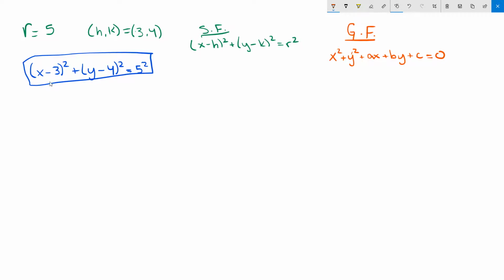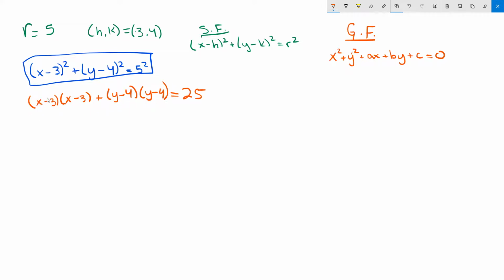So (x minus 3) squared can be written as (x minus 3) times (x minus 3), and the same for y minus 4: (y minus 4) times (y minus 4). And this is all equal to 5 squared, which I'll change to 25.